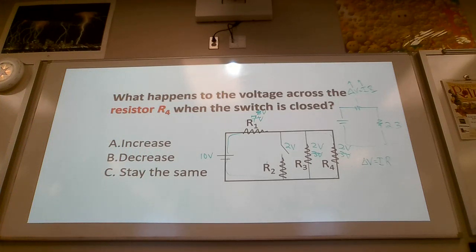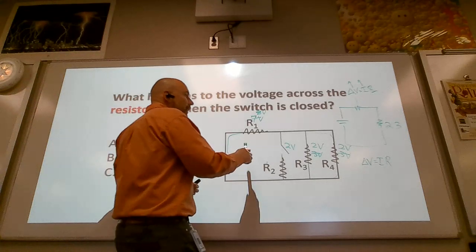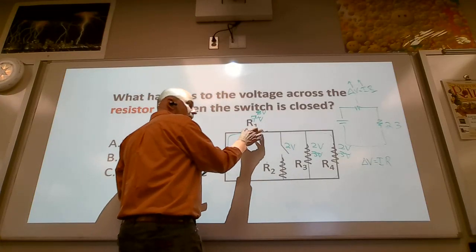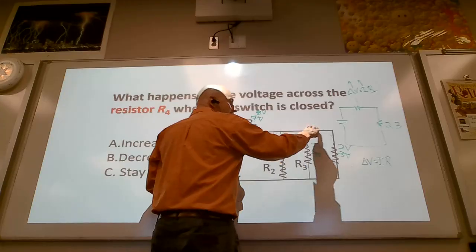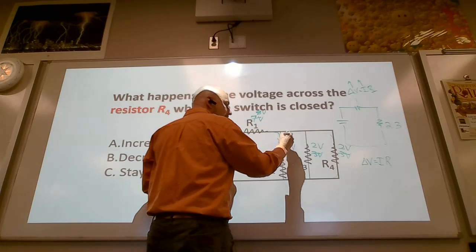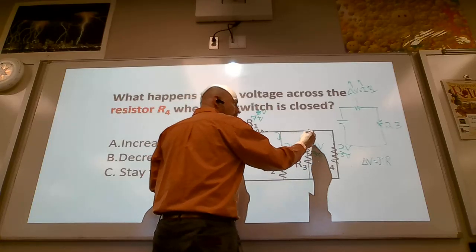Some people said it was going to increase because now there's more current. Yes, there's more current going through this wire and through this resistor, but there's current going through this guy, current going through this.